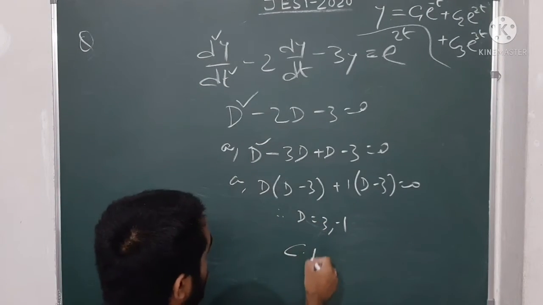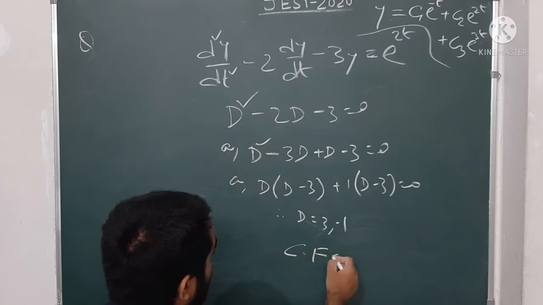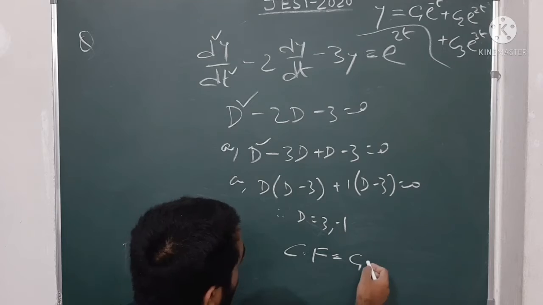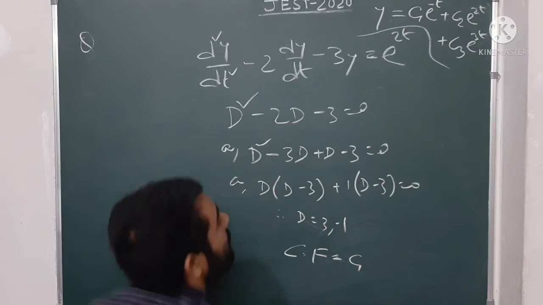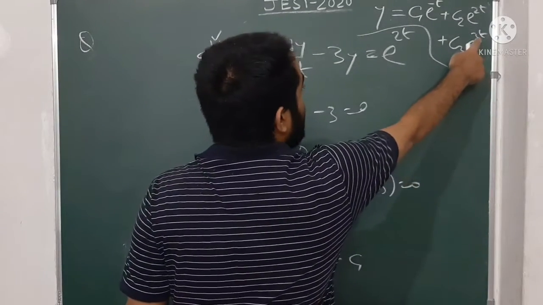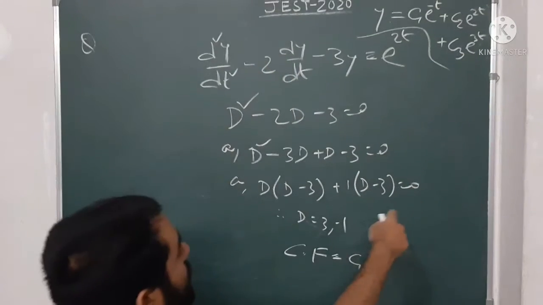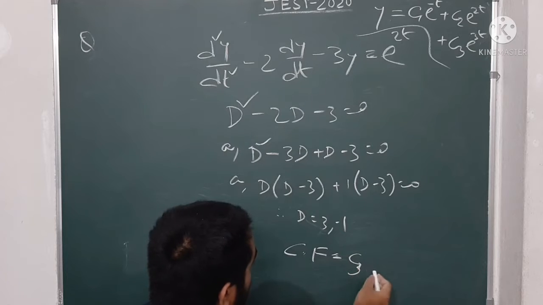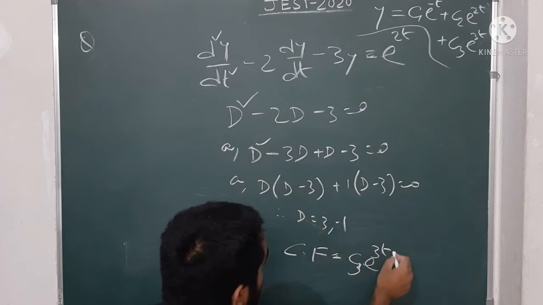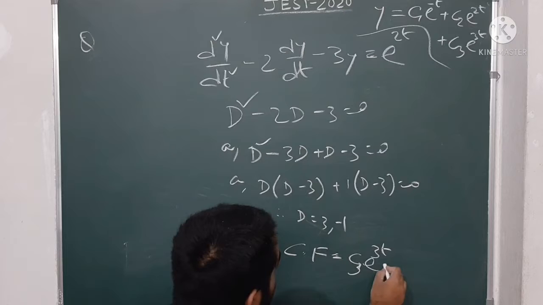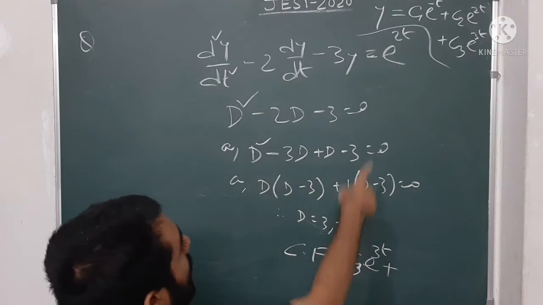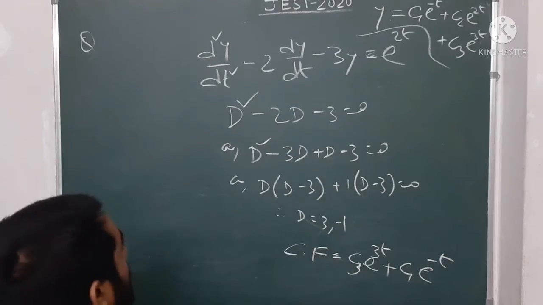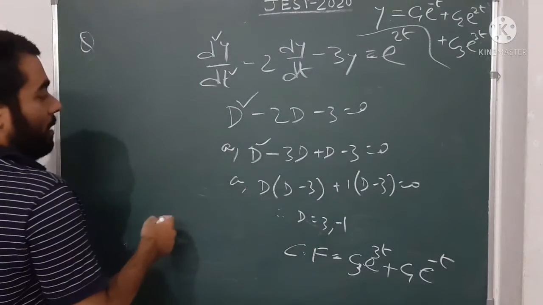Our complementary function is c3 e to the power 3t plus, for minus t, c1 e to the power minus t.